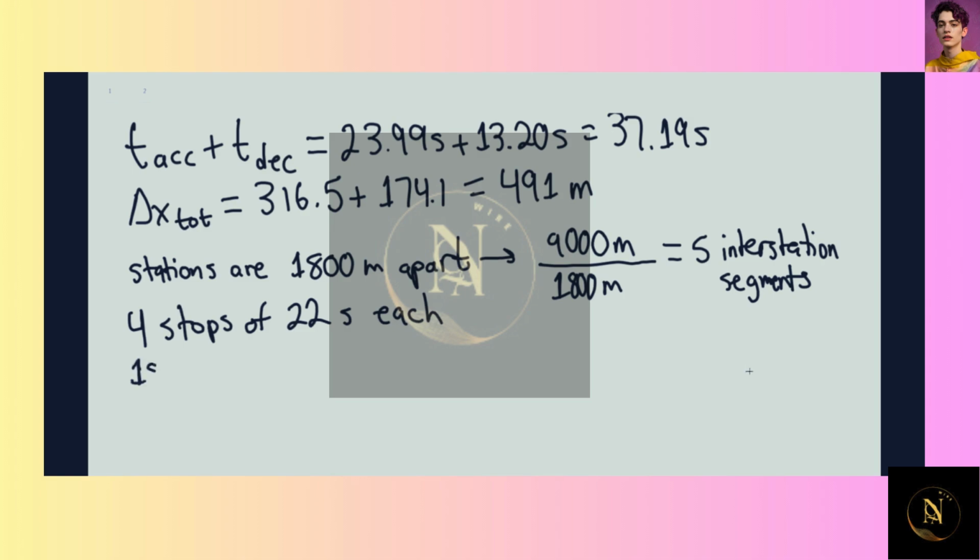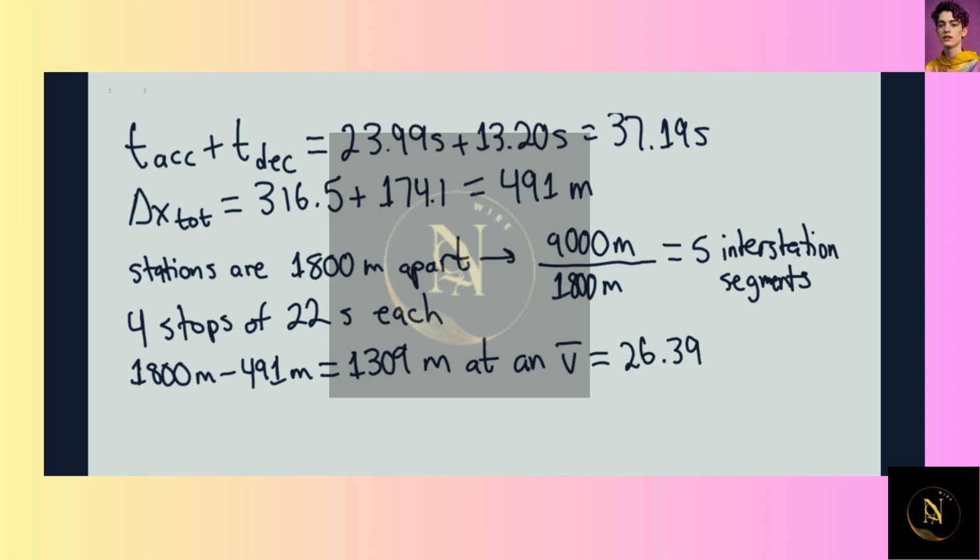So we can say 1,800 meters minus 491 meters. This would equal 1,309 meters at an average speed, or we can say average velocity, equal to 26.39 meters per second, the maximum velocity of the train.